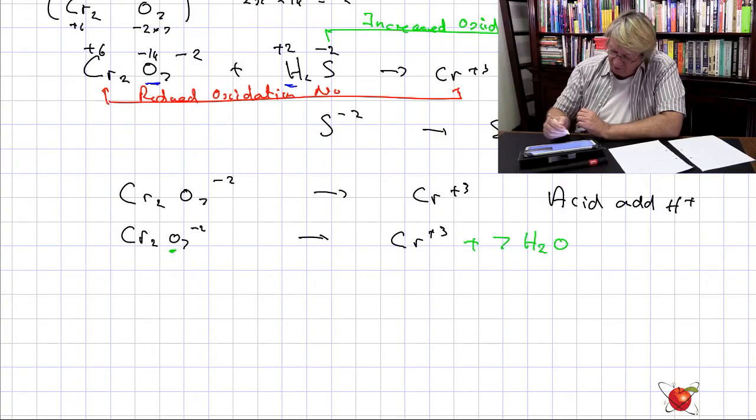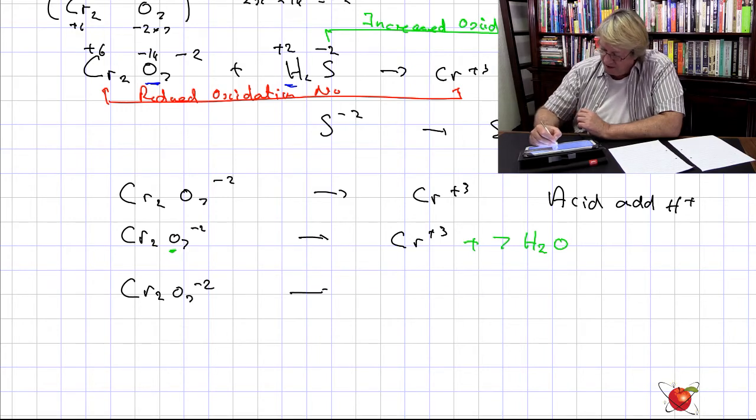So what have I got to do? I've got to balance those out. We've got to add them in on the other side, haven't we? So, in fact, let me just rewrite it. Cr2O7 2- goes to Cr 3+ plus 7H2O.